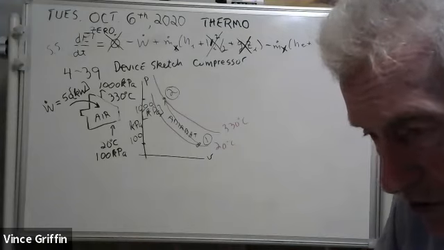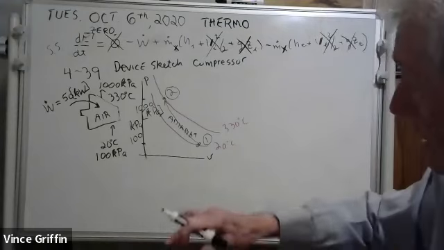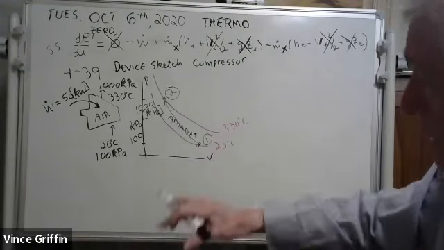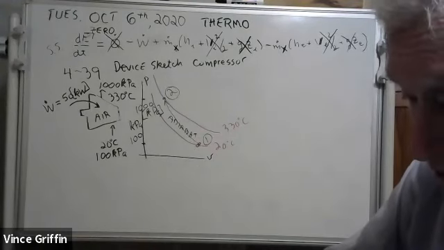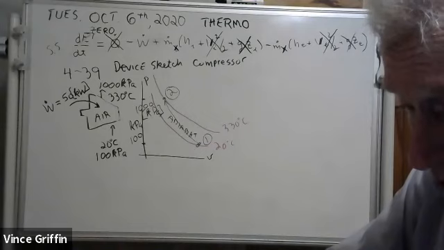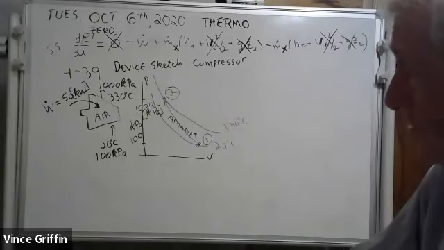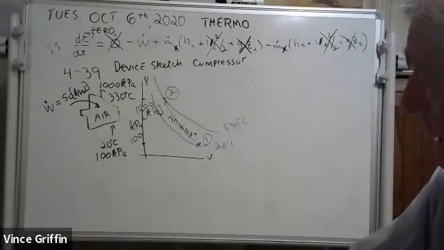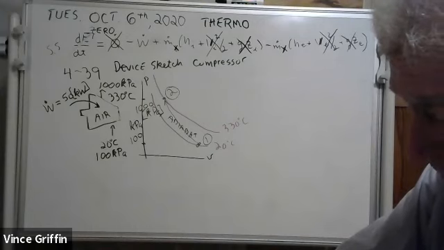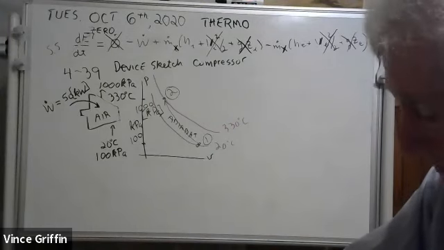The temperature changes, it gets a lot hotter. Look, we went from 20 to 330. That didn't stay the same temperature, did it? No. Adiabats are not isotherms. In fact, adiabats are steeper than isotherms, and they can very definitely change their temperatures.